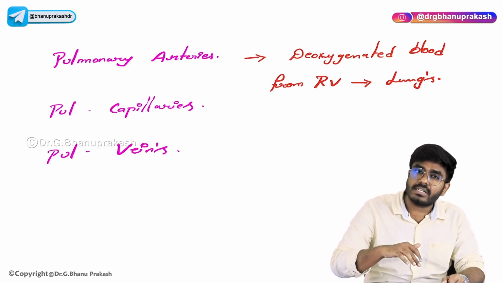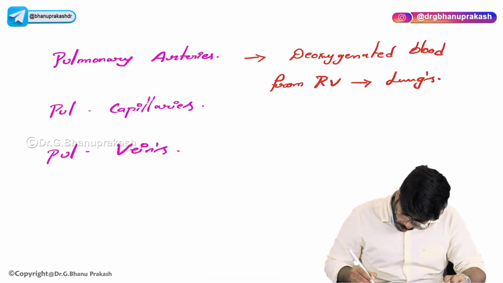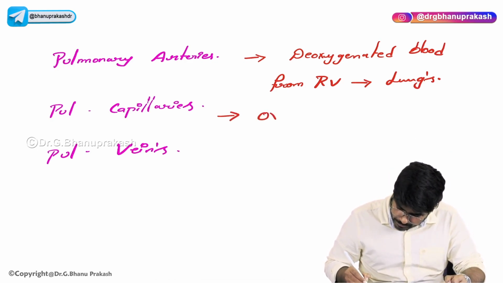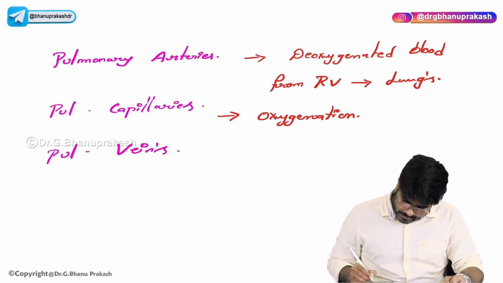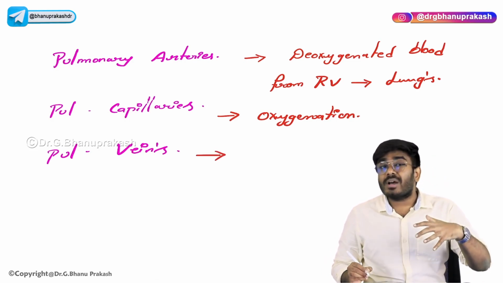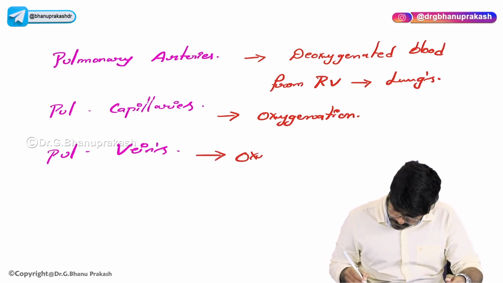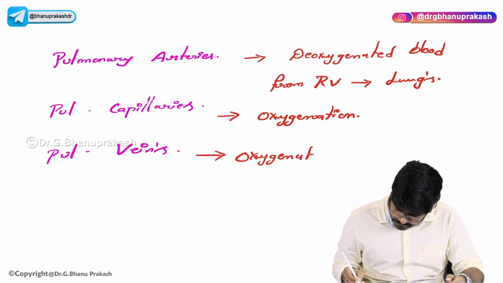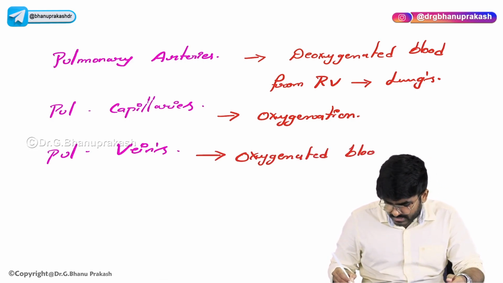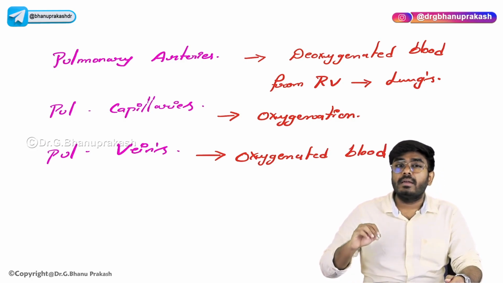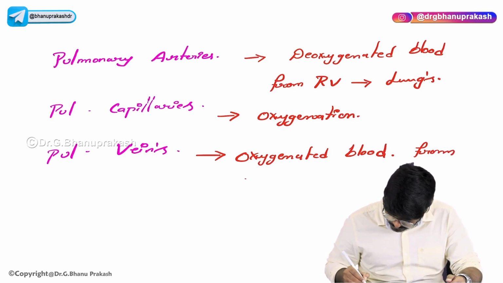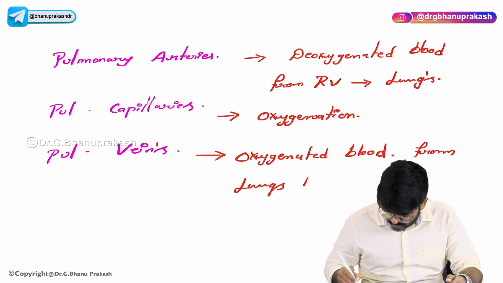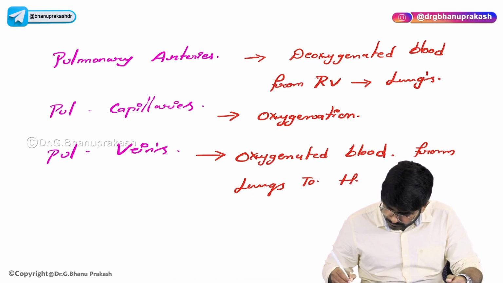the purpose of oxygenation. Now where is oxygenation happening? Oxygenation happens in the pulmonary capillaries. Okay, in the pulmonary capillaries oxygenation is happening, and via pulmonary veins this oxygenated blood is coming to the heart from the lungs to the heart.